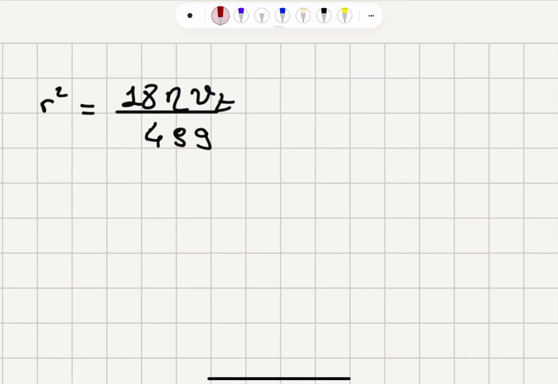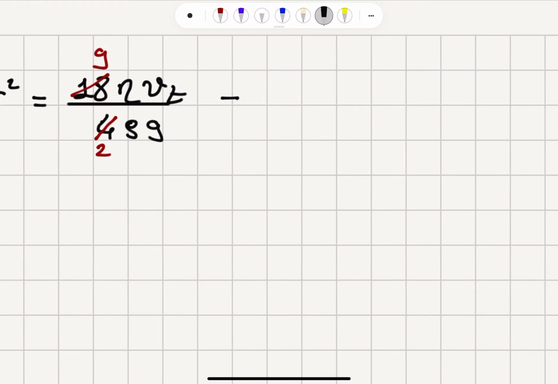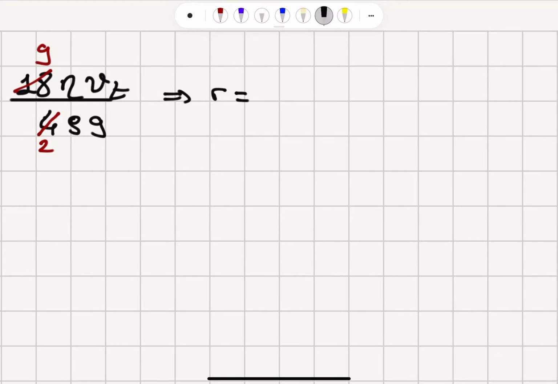Now this is going to become 2, this will become 9, and I will see that the radius is given by r is equal to, on the top I have 9 eta v terminal, at the bottom I have 2 rho g. Then this is going to be inside the square root.